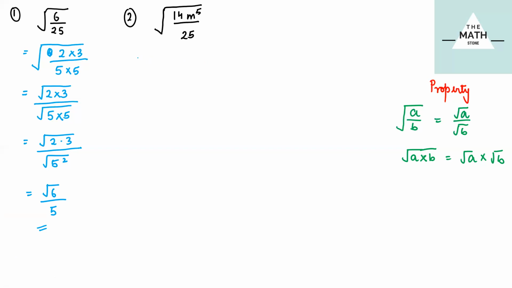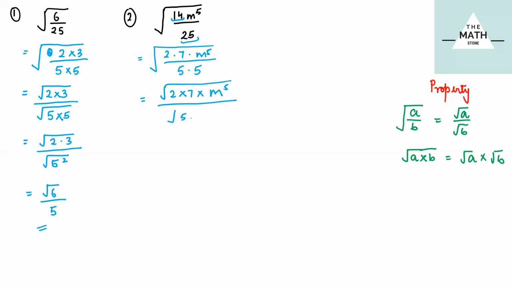Again, the first step will be the same. We'll find the prime factorization of the numerical part. So 14 can be written as 2 times 7, and 25 can be written as 5 times 5. Now in the next step, we'll apply the division property. So 2 times 7 times m raised to 5, with the square roots separated, over 5 times 5.